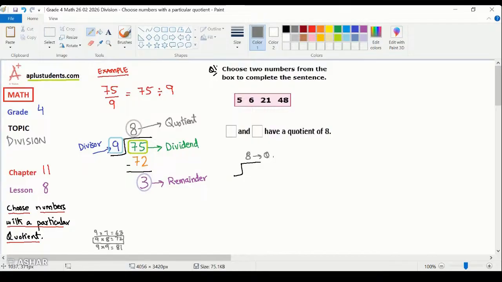Let's see. 8 is a larger number over here because the other values are 5, 6, 21, and 48. Agreed? The first thing we need to do is look for a number that has 8 as a factor. We need to find factors.